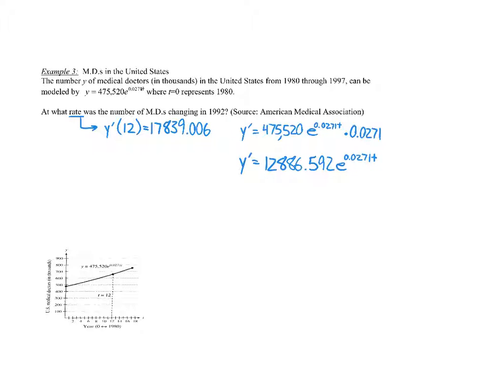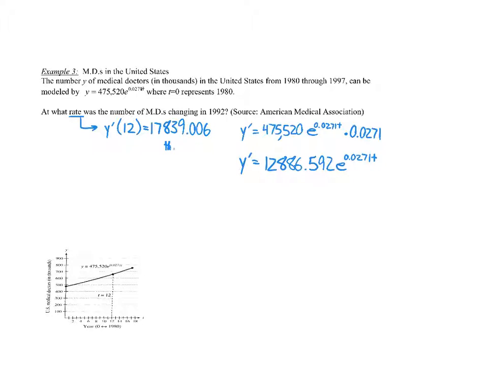Okay, now here's where you've got to be careful with your units of measure. Thousands per year. Thousands of MDs per year. And this is where, remember, slope is rise over run. So the rise is your y coordinate. What is the unit of measure there? It's thousands of MDs.